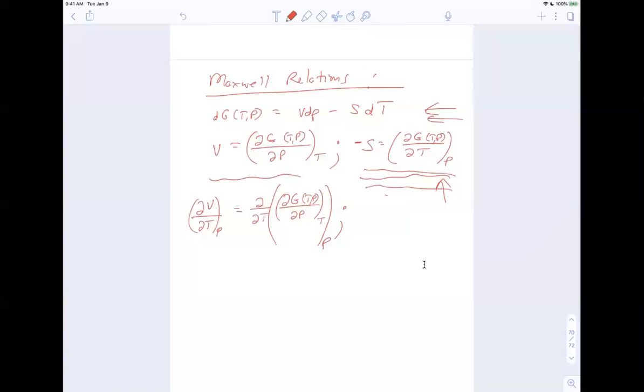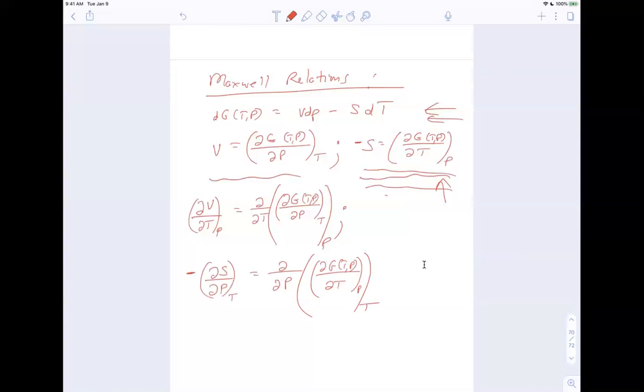So let's do it with respect to P on both sides. The left-hand side is easy: that's just minus the partial of S with respect to P at constant T. And then the right-hand side is going to be the partial with respect to P of what's already there, at constant T.